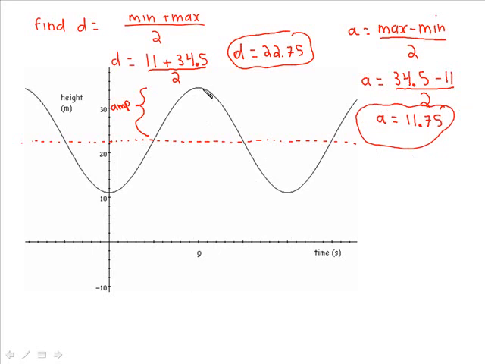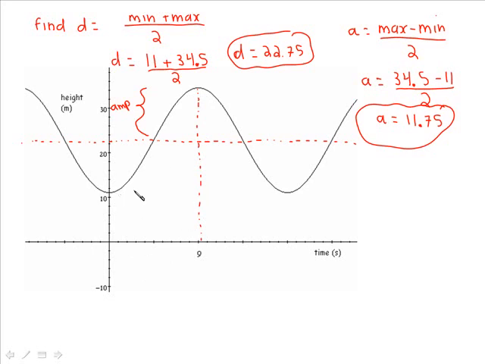Now we have to find what the B value is. And to find the B value, we need to get the period. And this thing did not give us the full period. So we have to get the period from this.